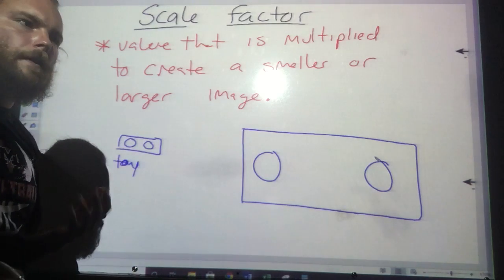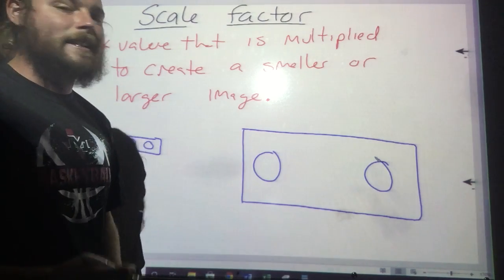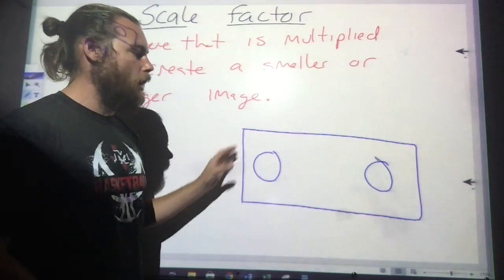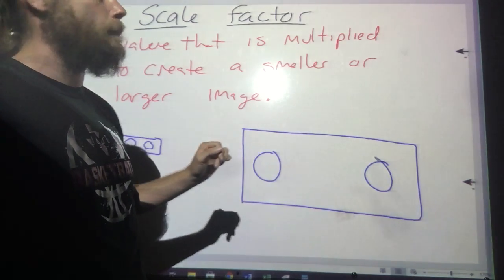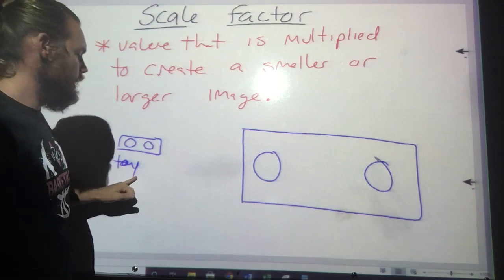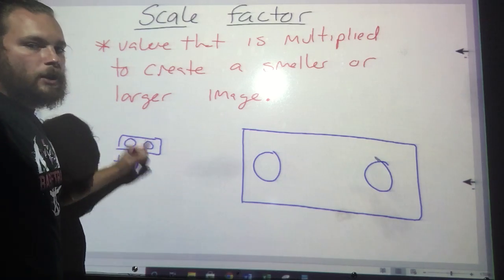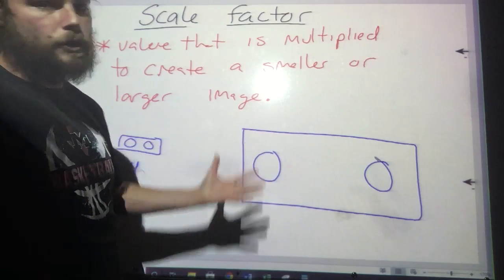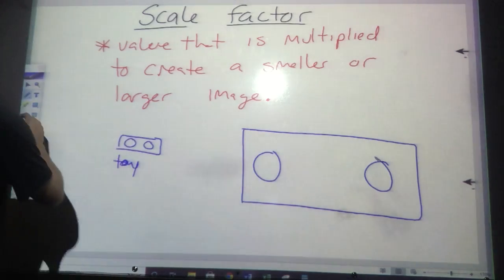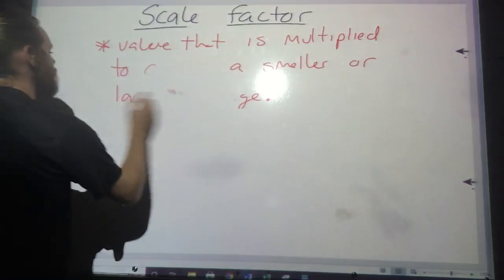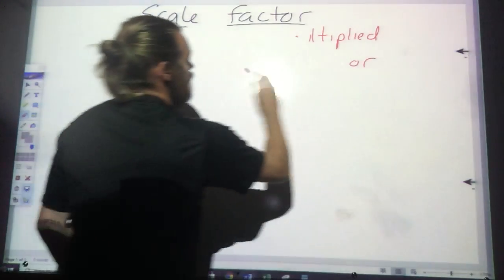If you ever look on the packaging, it says that it is a scale model, okay? That simply means that the dimensions, like all the measurements of the actual car, were scaled down by using a scale factor, okay? They get the dimensions of that toy car by using the actual measurements of the full-size car, okay?